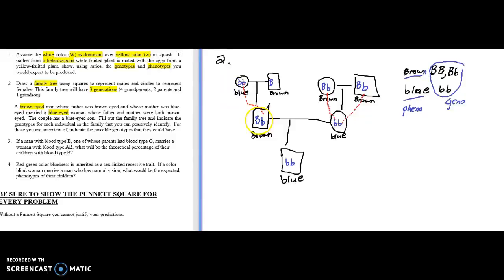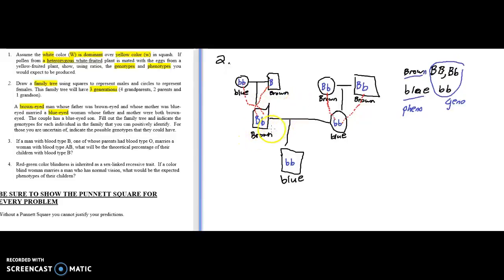He got his big B from his dad. So his father passed the big B to the son, and the mom passed the little b. He becomes, again, a carrier, but he expresses the dominant variation of brown eyes.